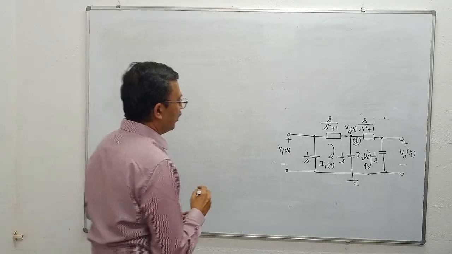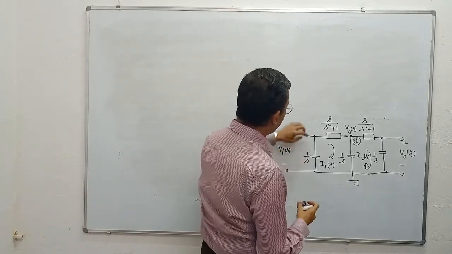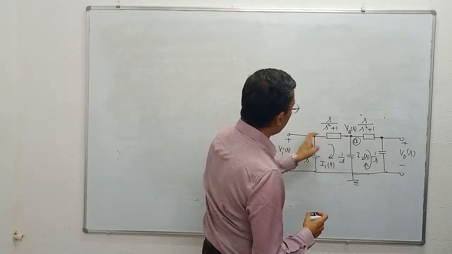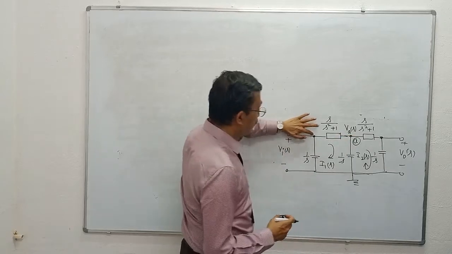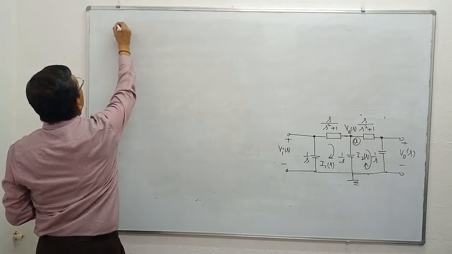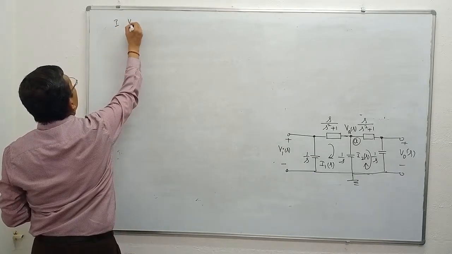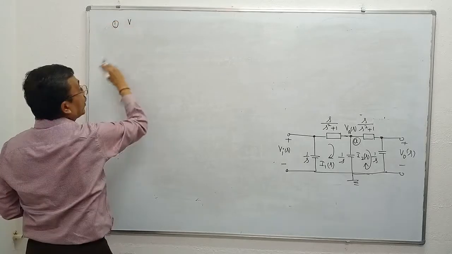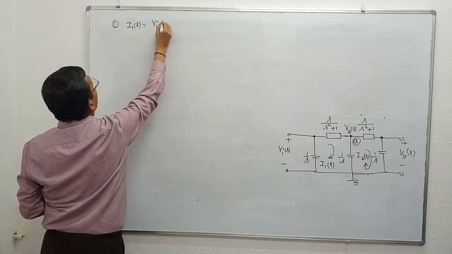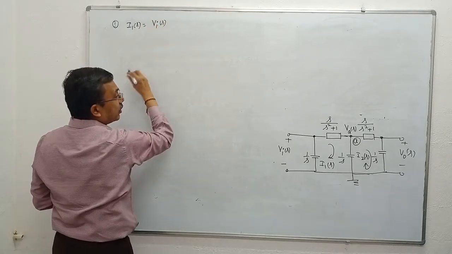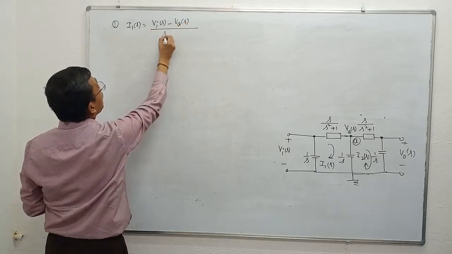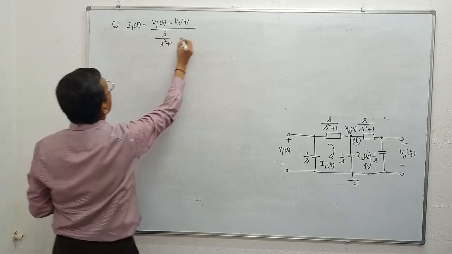See, what is the current I1 of S? Potential at this node is VI of S. Potential at this node is VA of S. Difference in potential, namely VI of S minus VA of S, divided by this impedance gives you the current. So, step 1. I1 of S is equal to VI of S minus VA of S divided by the impedance, which is S divided by S square plus 1.